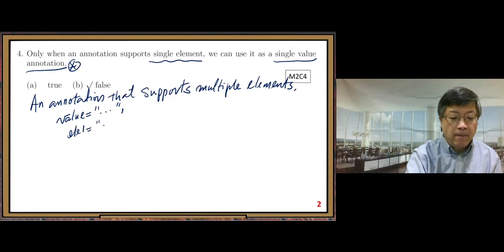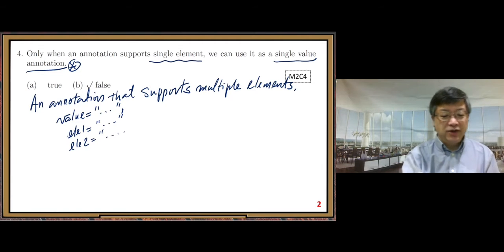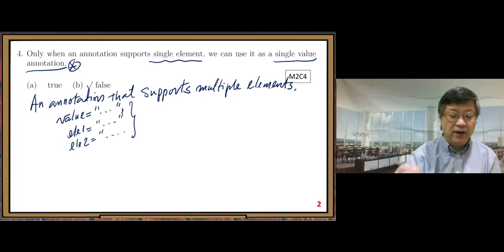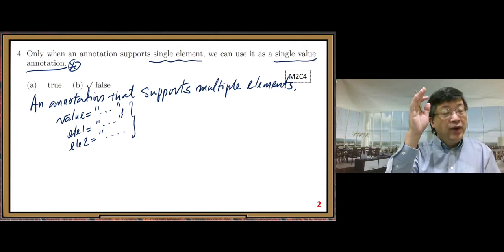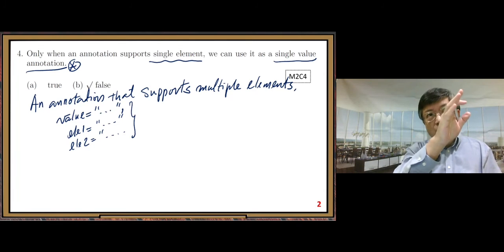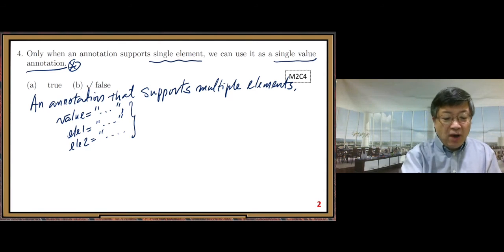L1, L2, okay. You may have multiple. So then we know when we write an annotation, some of the elements can be skipped.